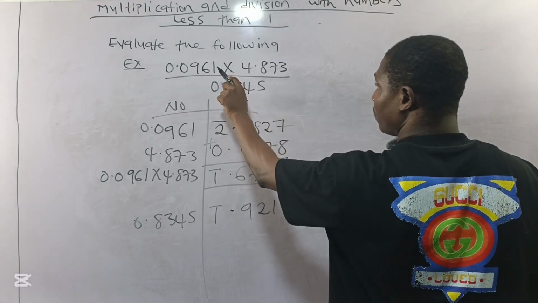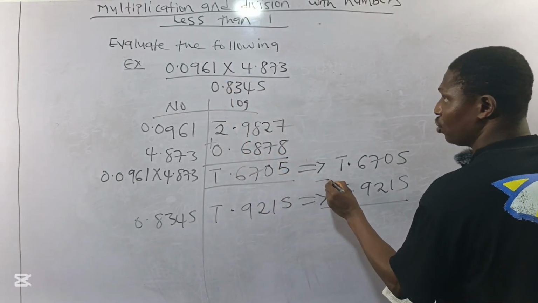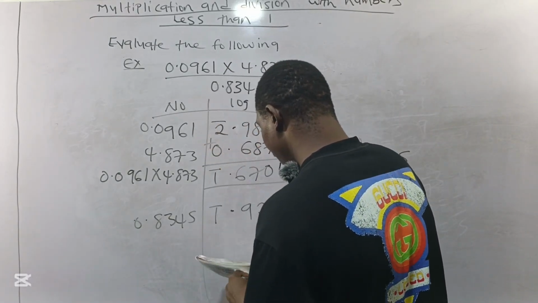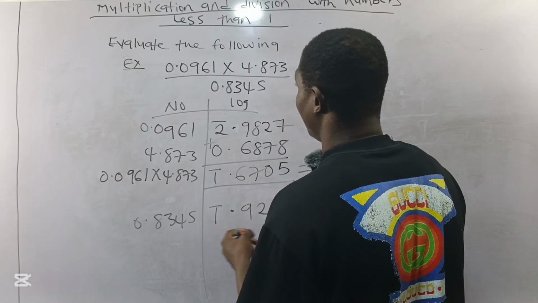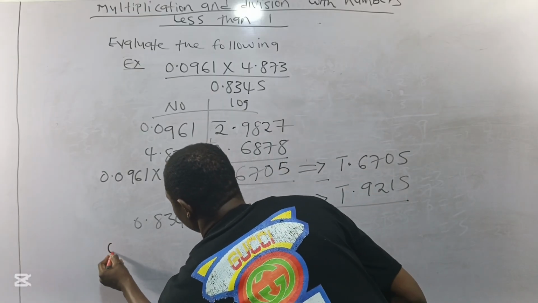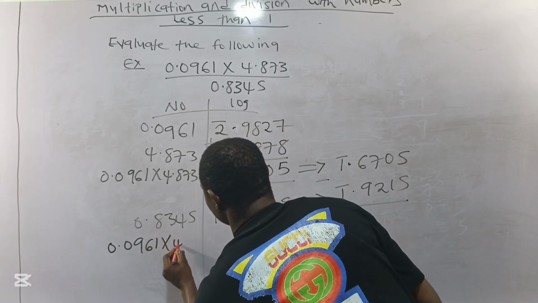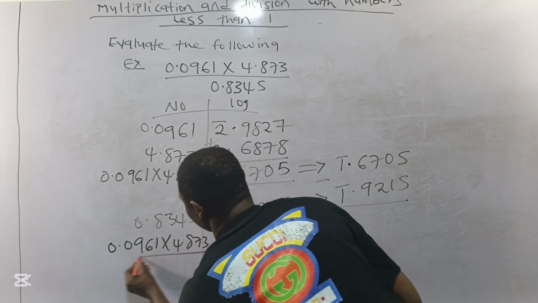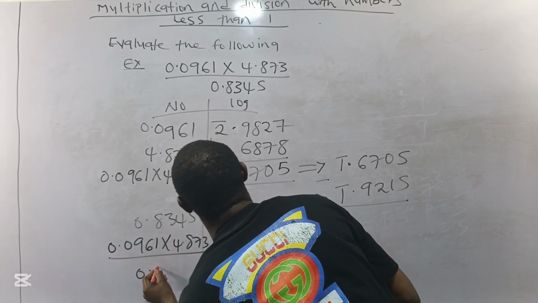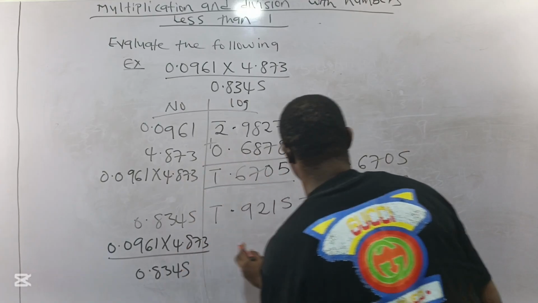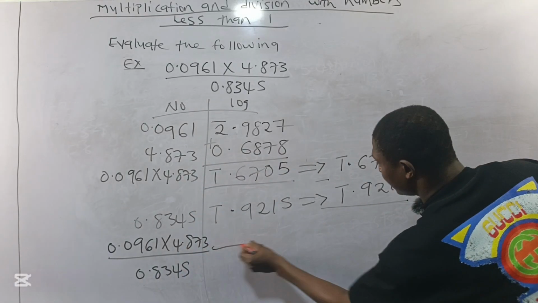So because of the division sign, I'm to subtract this. So I have 0.0961 times 4.873 divided by 0.8345 to give me this.